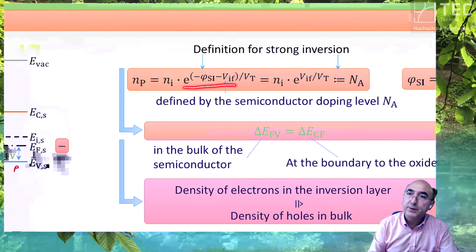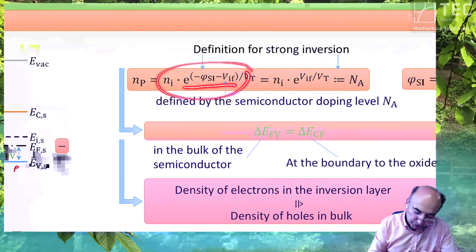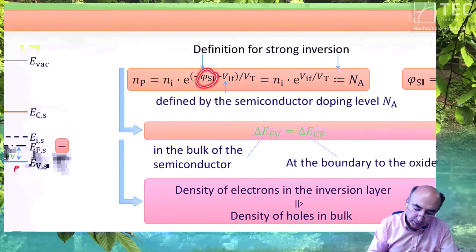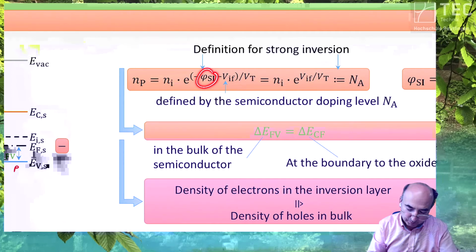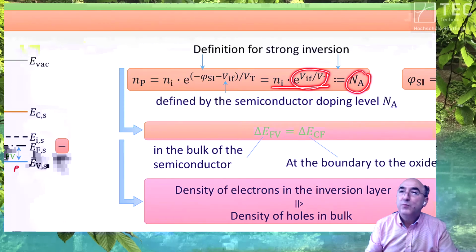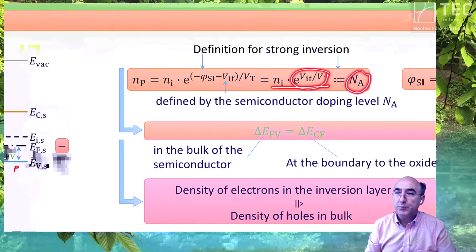So the electron concentration in the p zone is now defined by this equation. This is a general equation. If you put into the general equation your biasing, your potential, 2 times VIF, then the resulting value is the same like we have had for the p doping.